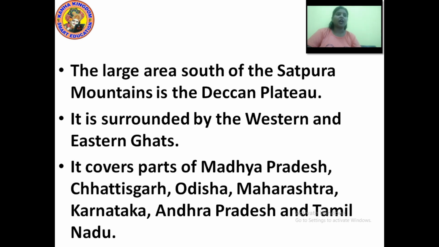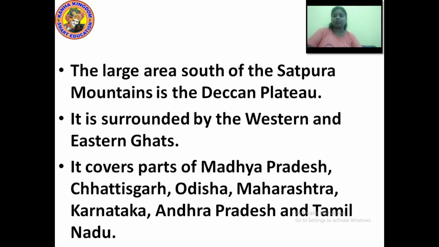The large area of the south and of the Satpura mountains is the Deccan Plateau. It is surrounded by the Western and Eastern Ghats. So the Deccan Plateau is in the middle, with the Western and Eastern Ghats at the sides.